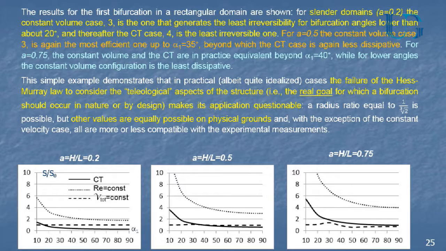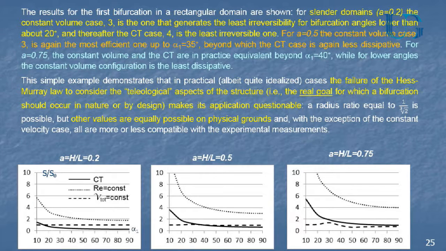I didn't plot here the constant velocity, because experiments show that in the bifurcations, the velocity goes down with the bifurcation size. So the flow slows down when the radius becomes smaller. So that's experimentally discarded already.